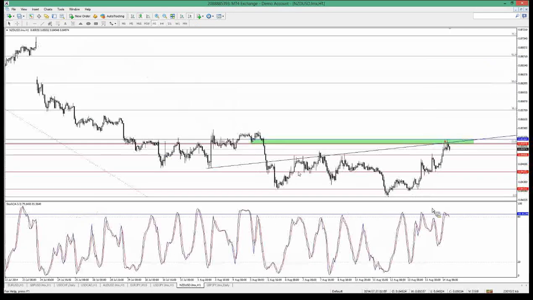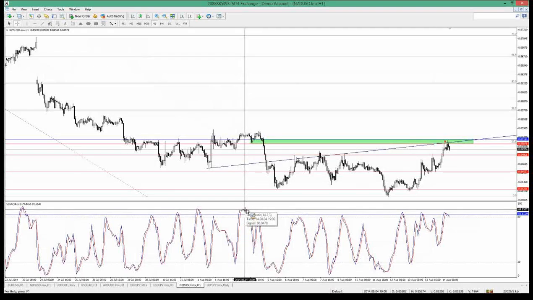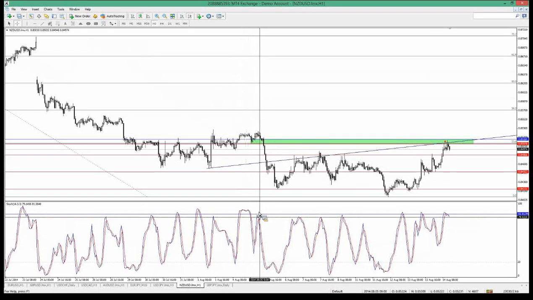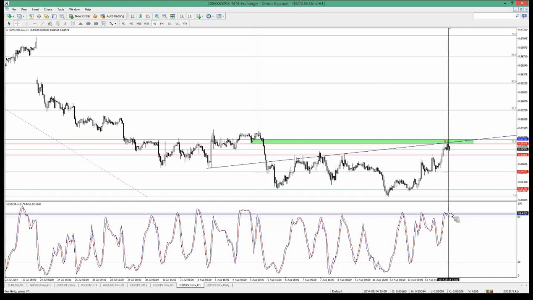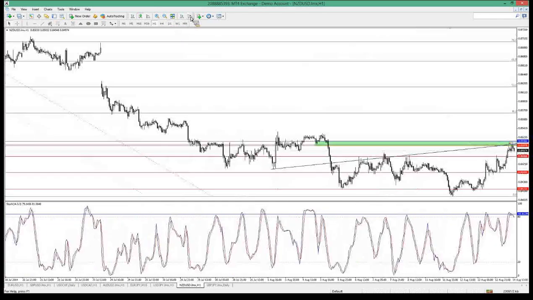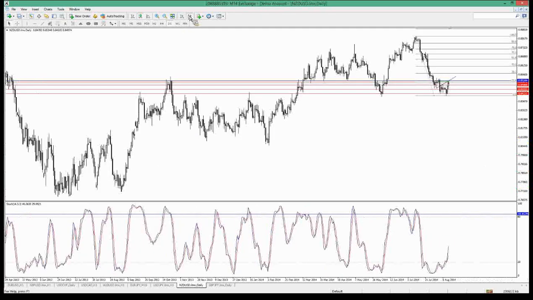So there's nothing on here. You can see obviously we've got this swing high here, and stochastics all the way down. Yes, nothing really showing up on the hourly, 4 hour possibly, but still a little bit on the early side. So nothing really happening there. Let's just look at this quickly.